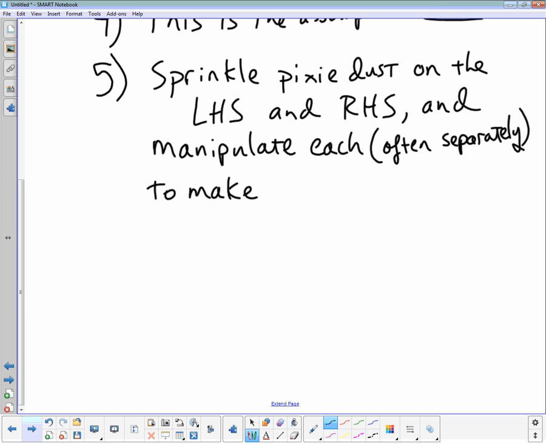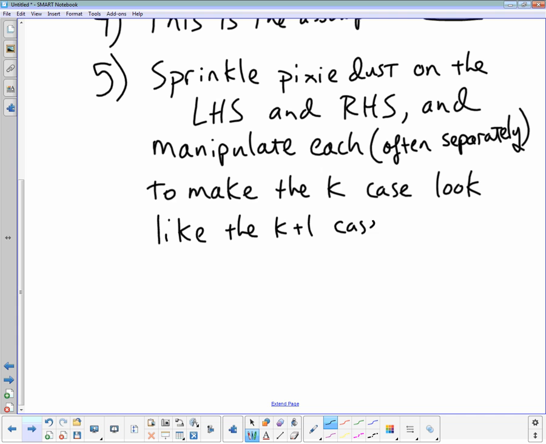Manipulate each, often separately, to make them match.